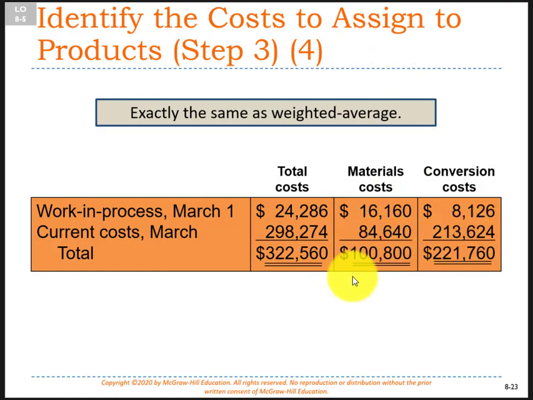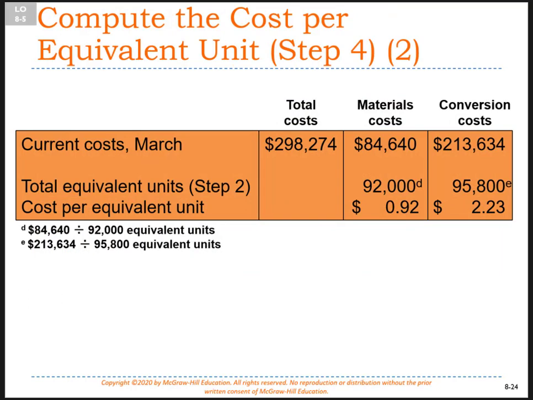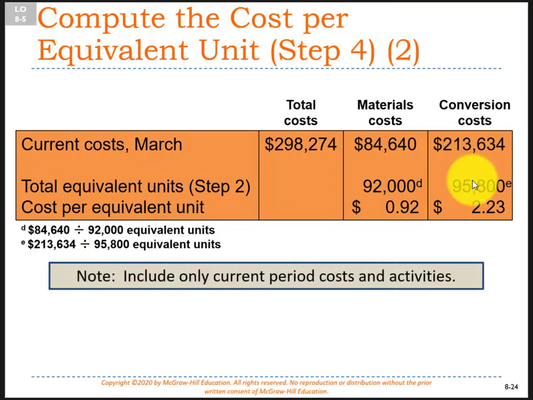Only the 213,624 that were added. So only the current costs, only the current equivalent units. Get 92 cents and $2.23. So our cost per equivalent unit gets slightly different based on this assumption.